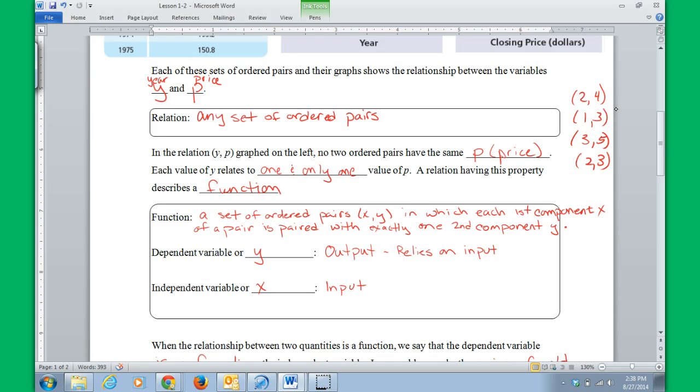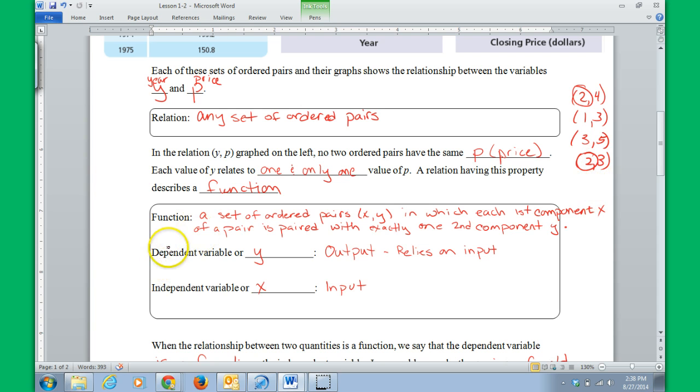Can you tell me, is it a function or not? Well, the first thing you need to look at is your x values. We have a 2, a 1, a 3, and then what do we have? Another 2. It's repeated. So notice that because the x value is repeated with two different values of y, this one is not a function. Okay? So that's the way you're going to look through it. If the x value is repeated with two different values for y, it's not a function.